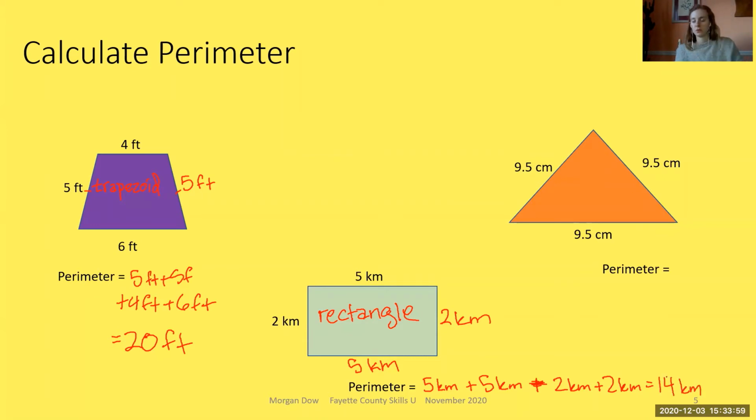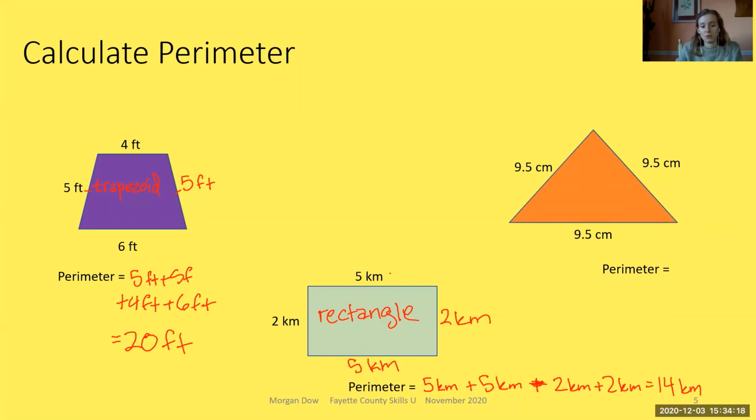Now, if you look on your formula sheet, you'll see that there is actually a section for perimeter. For the most part, you don't really need to worry about those different formulas. You're definitely welcome to use them if you'd like to, but those formulas are mostly just little shortcuts for doing this addition.